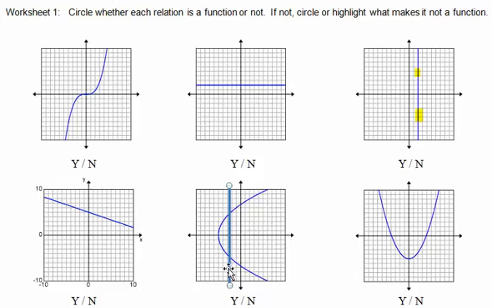And what we can do for this one is highlight there, or you can circle there or there to show that when x is here, there's more than one value of y. All right, and then the last one, you just take your vertical line, and wherever you run that vertical line, it only hits the function once, so that is a function.